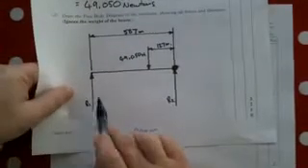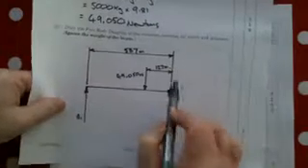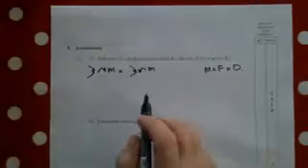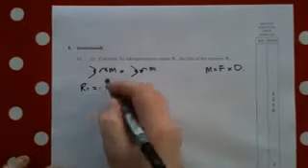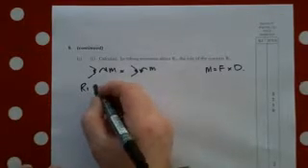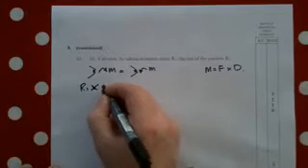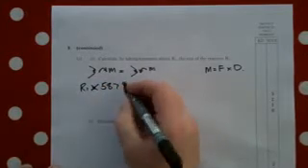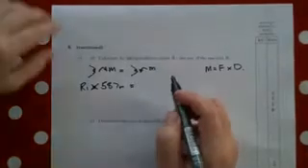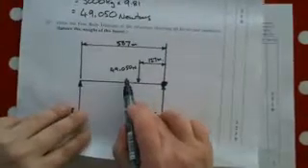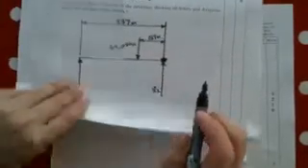Now R1, which is this unknown, is 587 meters away from here. So R1 times 587, sorry, is going to be equal to the container force multiplied by the distance away from R2.